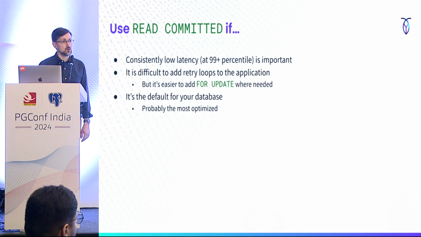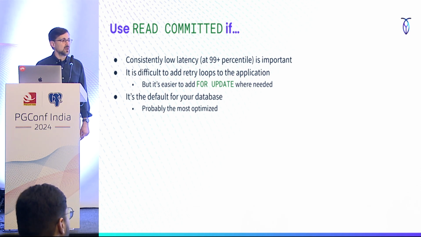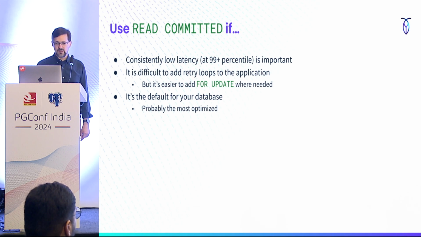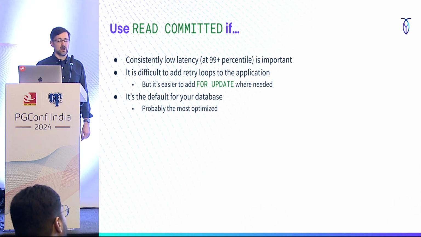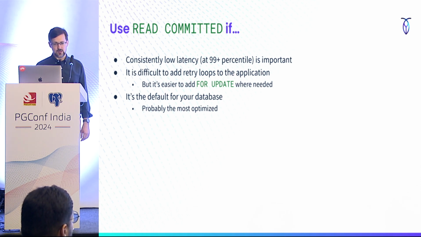Up next is read committed. This is the default in most databases, including Postgres. And read committed is good because it gives you consistently low latency even at high percentiles of your query traffic.